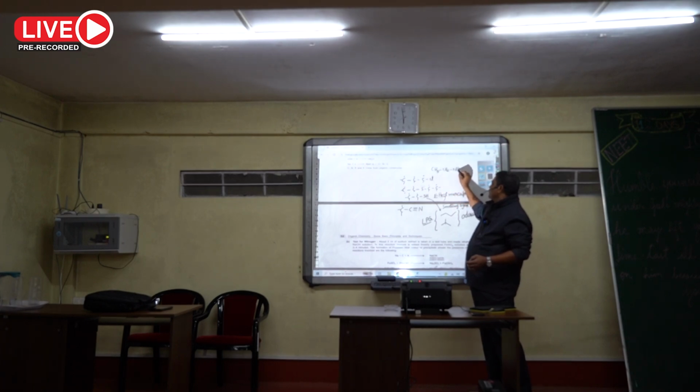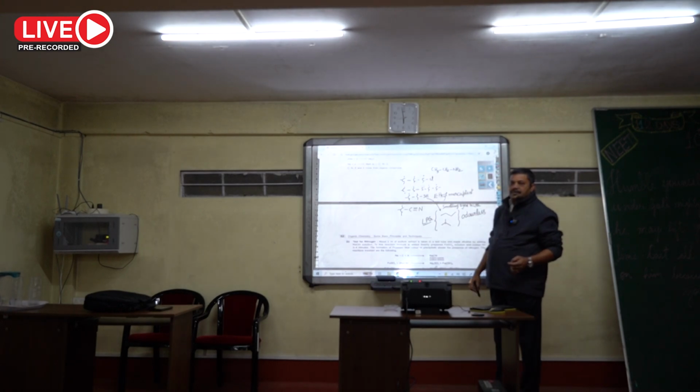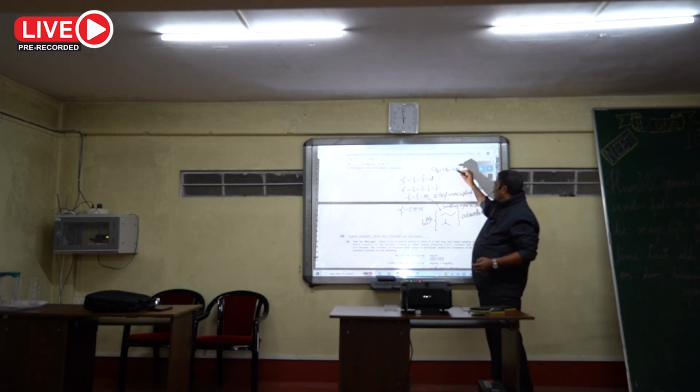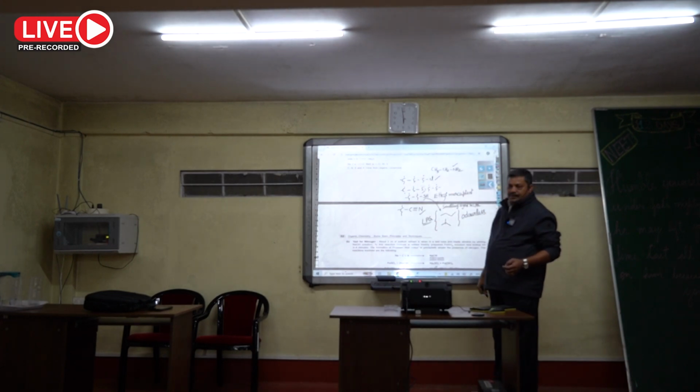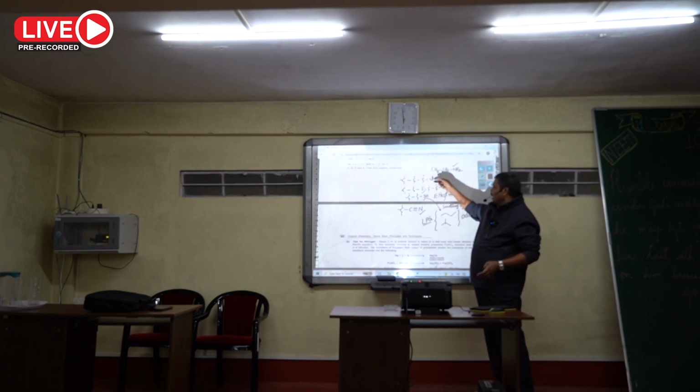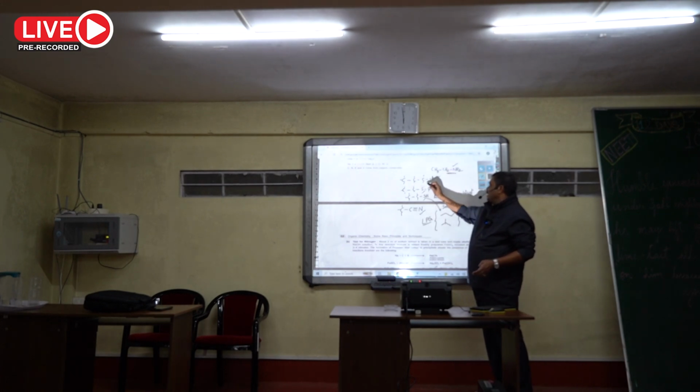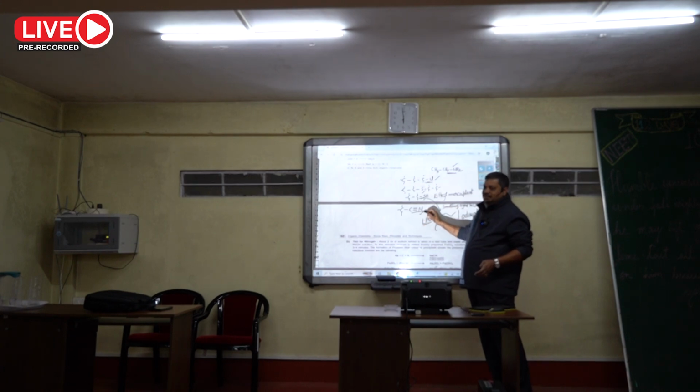Here nitrogen is there, here halogen is there, here sulfur is there. So these are organic compounds containing nitrogen, halogen, sulfur. By what bonds are they connected to the carbon chain? They are connected by covalent bonds.